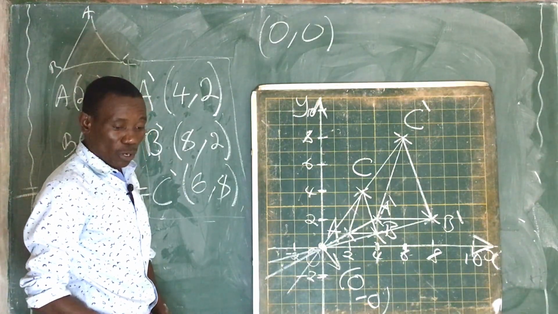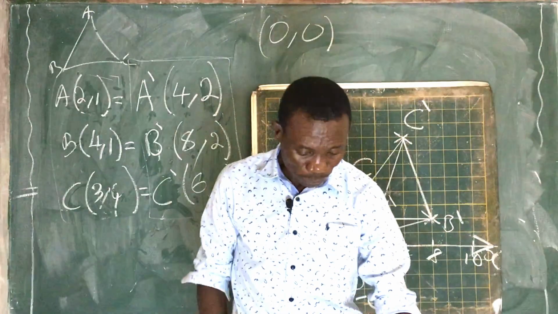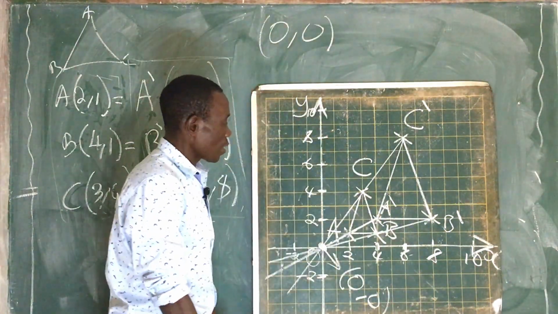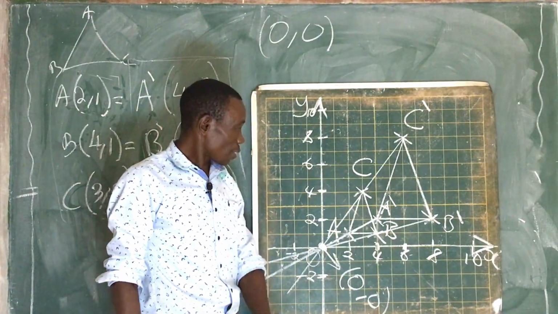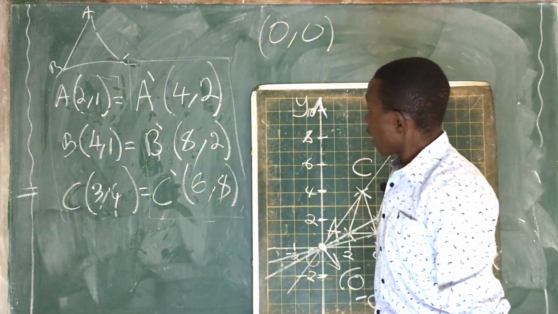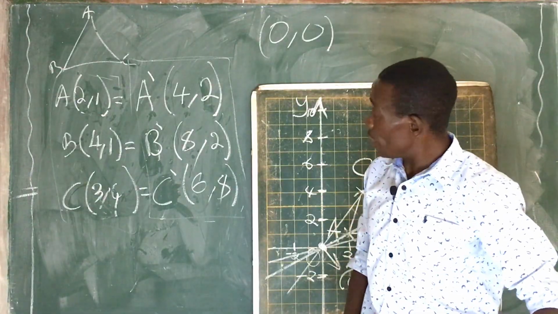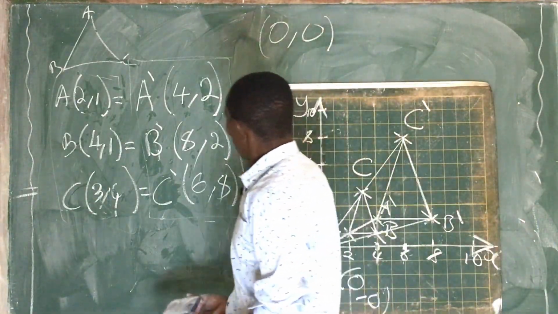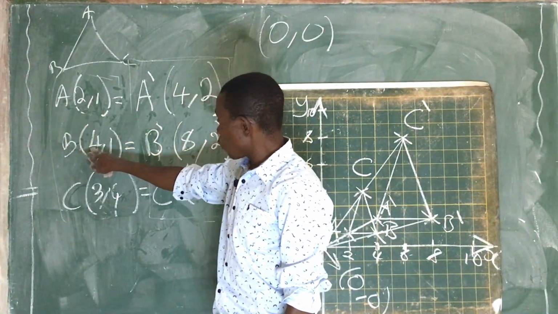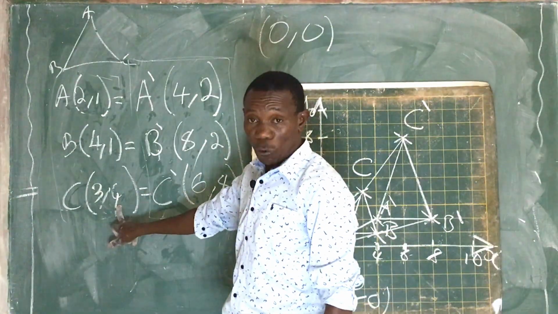Right, so before I end, let me give you an assignment where I'll just explain the result. You are still going to consider the same example with the coordinates as such, namely A(2,1), B(4,1), C(3,4).